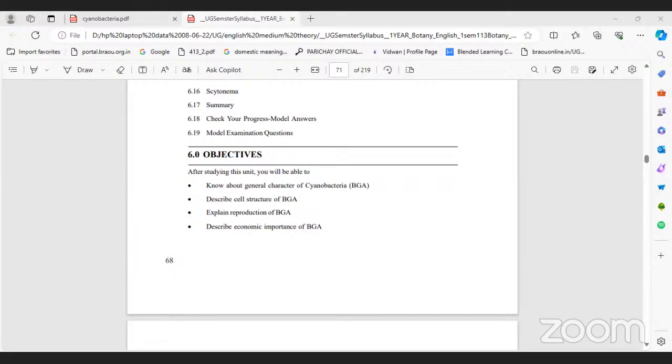Are you able to see the shared slides? Yes, sir. No, sir, it got stuck at objectives. Okay, just wait.